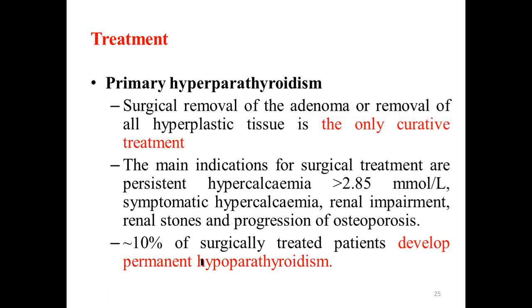The main indications for surgical resection are persistent hypercalcemia with adenoma, symptomatic hypercalcemia, renal impairment, renal stone, and progression of osteoporosis. Those are the primary indications of surgery in primary hyperparathyroidism.